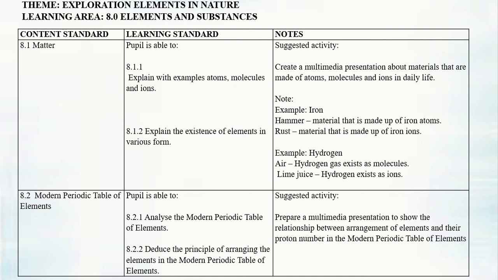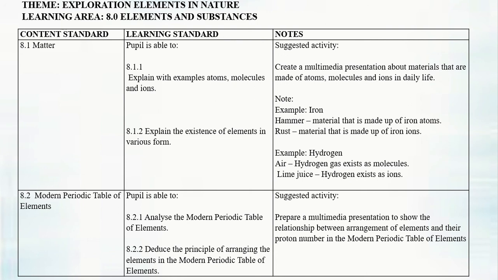The suggested activity will be creating a multimedia presentation about materials made of atoms, molecules, and ions in daily life. For example, iron. A hammer is a material that is made up of iron atoms. However, rust is also a material that is made up of iron, but it's made up of ions.